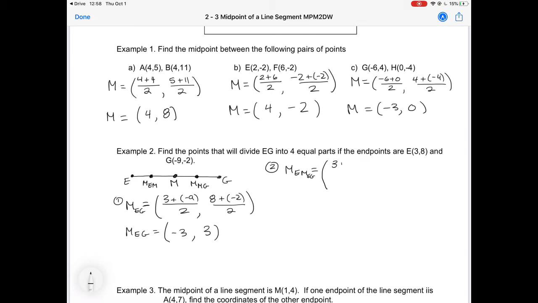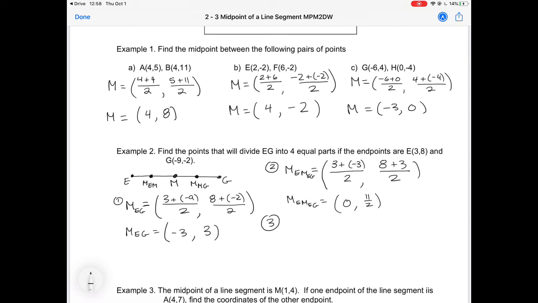So I've got 3 plus minus 3, divide by 2. Then I'm going to add my y-coordinates together, 8 plus 3, divide by 2, which will give me 0 and 11 over 2. Now I found the midpoint of my first half.